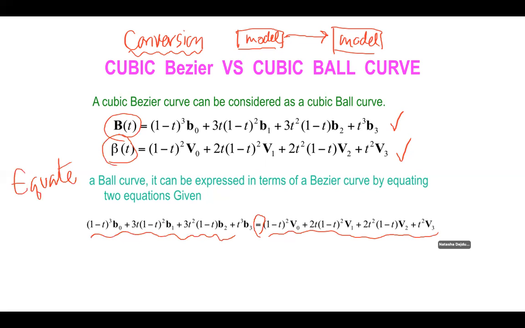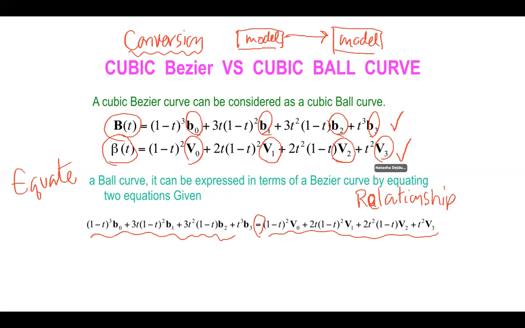Okay, we have to equate, and then we have to find the relationship between B0, B1, B2, B3 and V0, V1, V2, V3. If we want to convert from Bezier curve to cubic ball curve, we have to know B0, B1, B2, and B3.